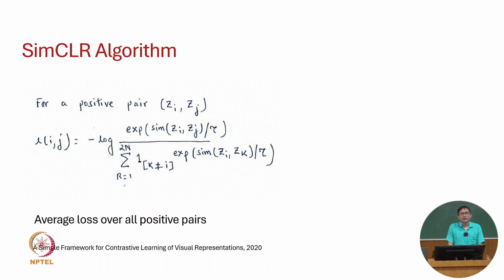Now, this l_ij is one positive pair. We can similarly compute this small l term for other positive pairs, and we can average across all such positive pairs, and we will get our loss term capital L.